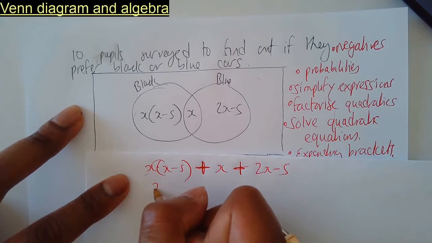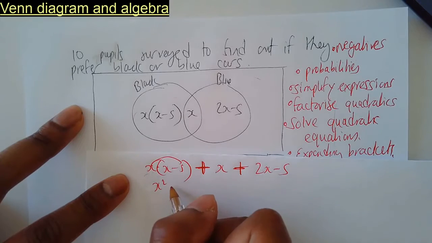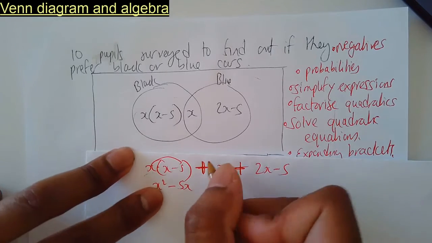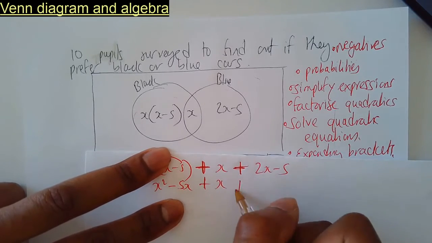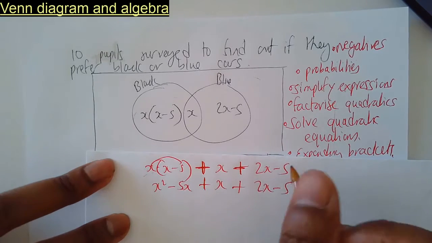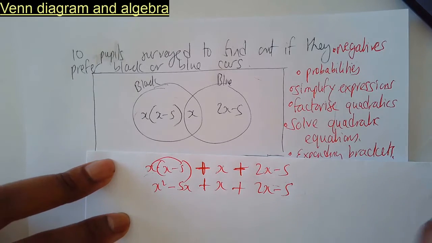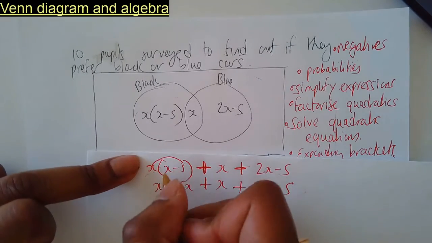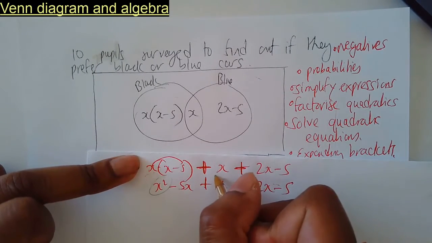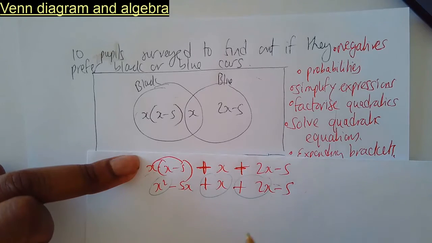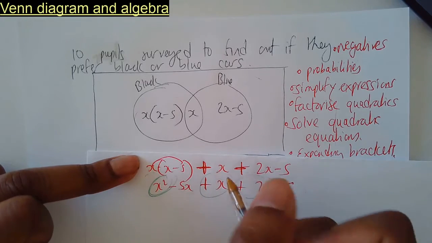x times x is x squared, x times -5 is -5x. The plus, just copy this, and then we'll simplify. If you simplify it, collecting like terms, x squared is on its own.